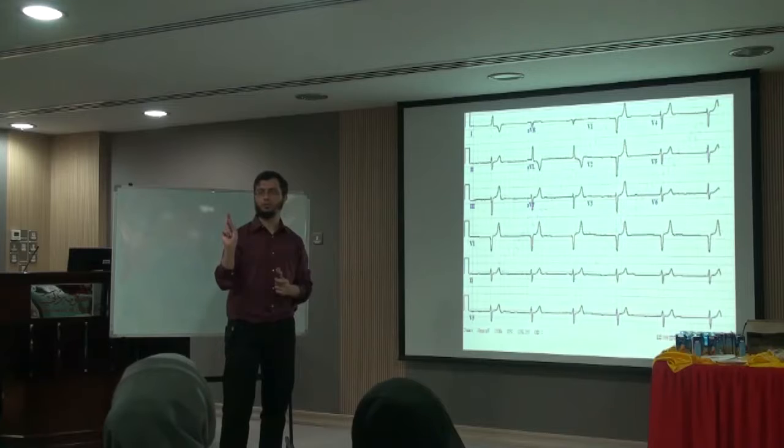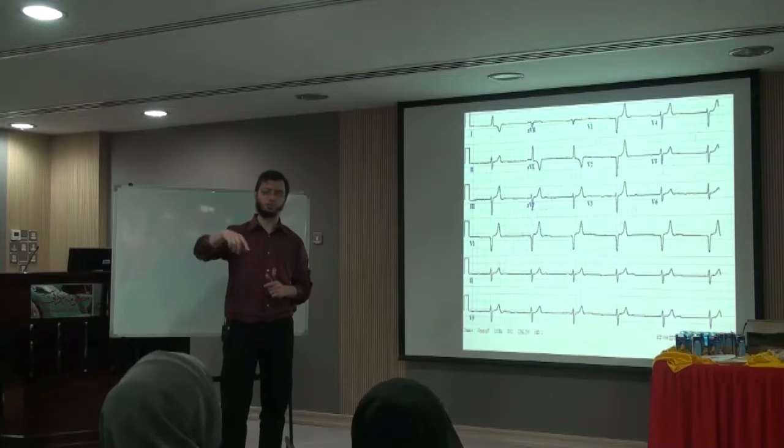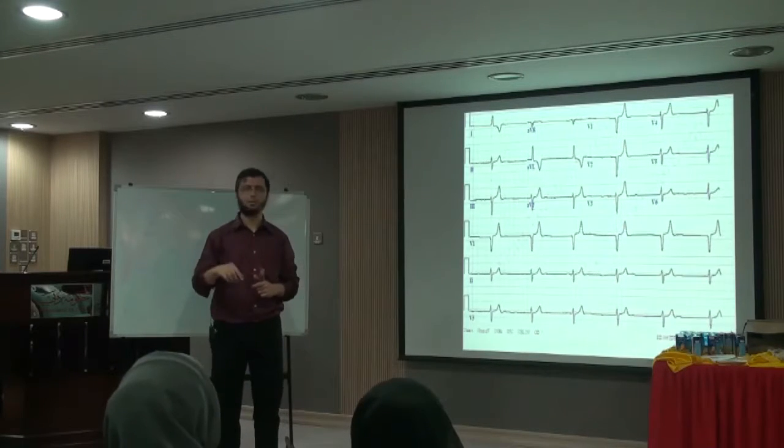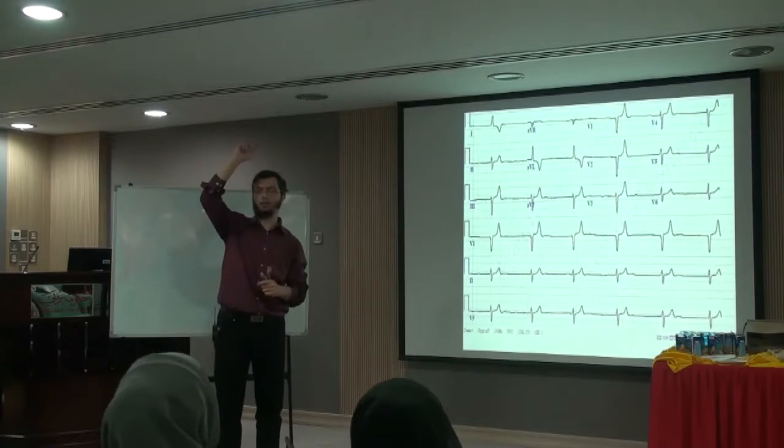The first point is the width. The second point is the shape. So the shape of the ventricular complex, if it is wide, usually in V1, the QRS and the T are discordant. The QRS complex will be in one direction, T will be in the other direction.